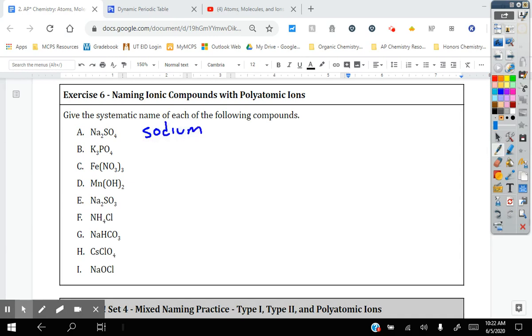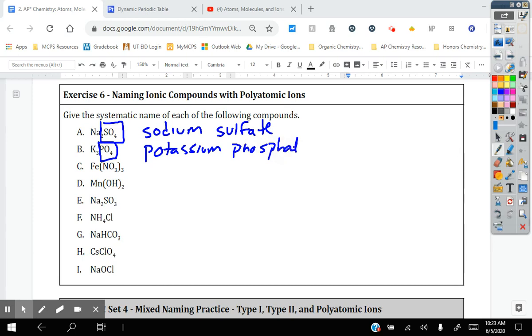So I don't need a Roman numeral. And SO4, this entire thing, is the sulfate ion. And so I name it just as is. I don't have to worry about "ide" endings. Here I see K, and then PO4 is a polyatomic, and that is potassium phosphate.